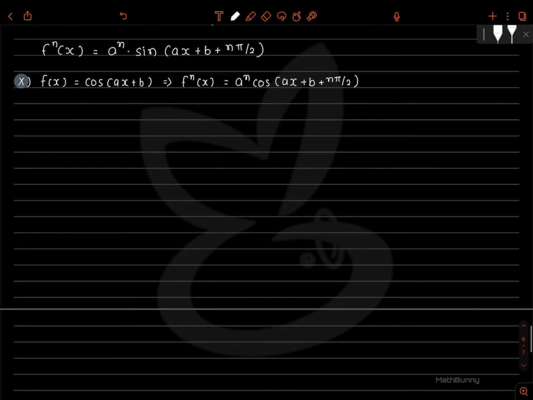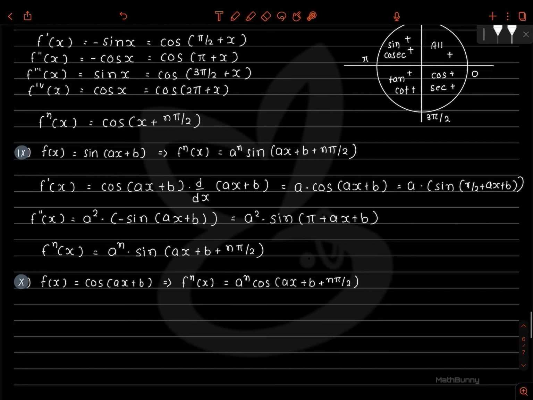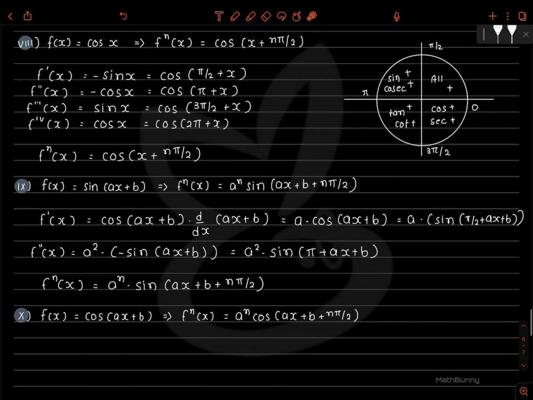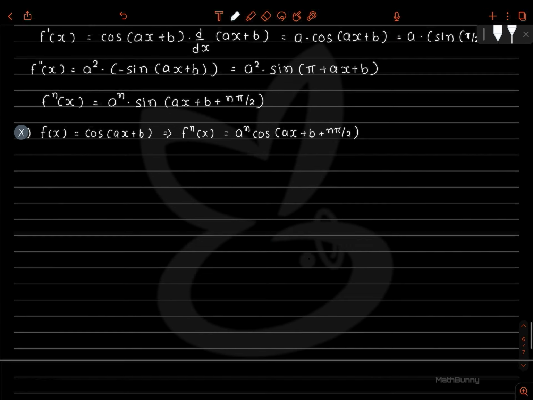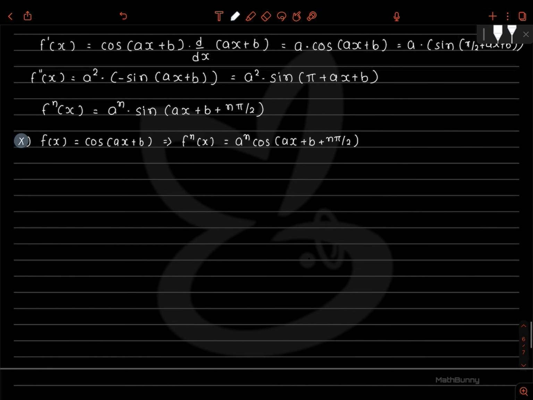Let us see the next function, which is f of x is equal to cos(ax + b). We have seen in the previous function that the power of a keeps getting increased, so it would be a raised to n, and for each successive differentiation we are supposed to add pi by 2. It would be n pi by 2 in the angle. So let us differentiate this.